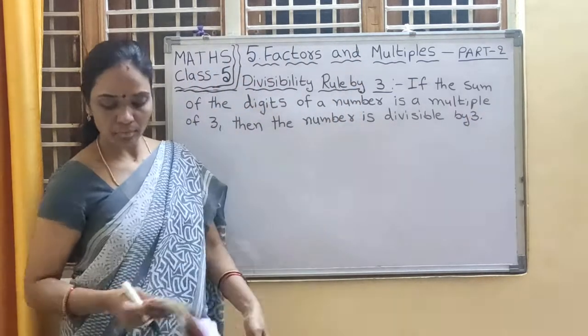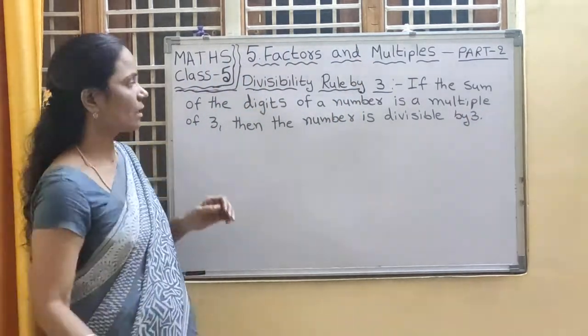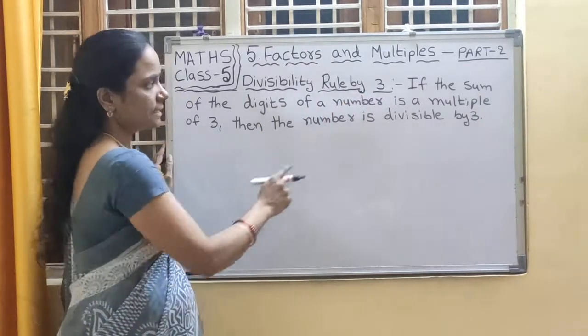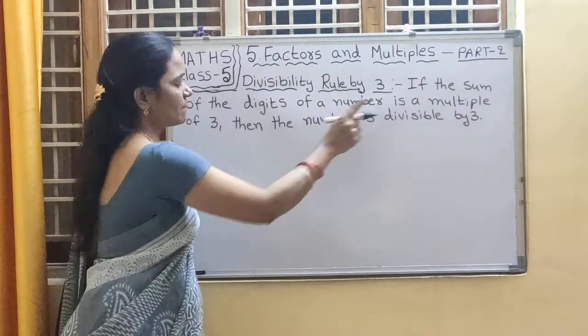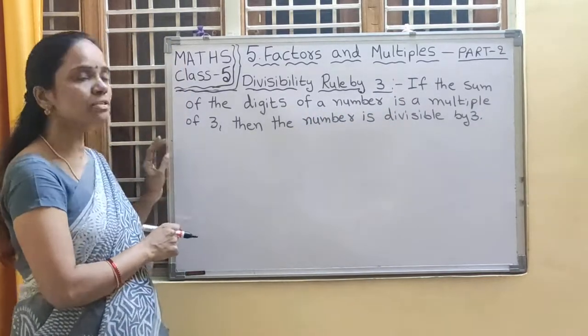Okay, children, look at the board. Divisibility rule by 3. If the sum of the digits of a number is a multiple of 3, then the number is divisible by 3.